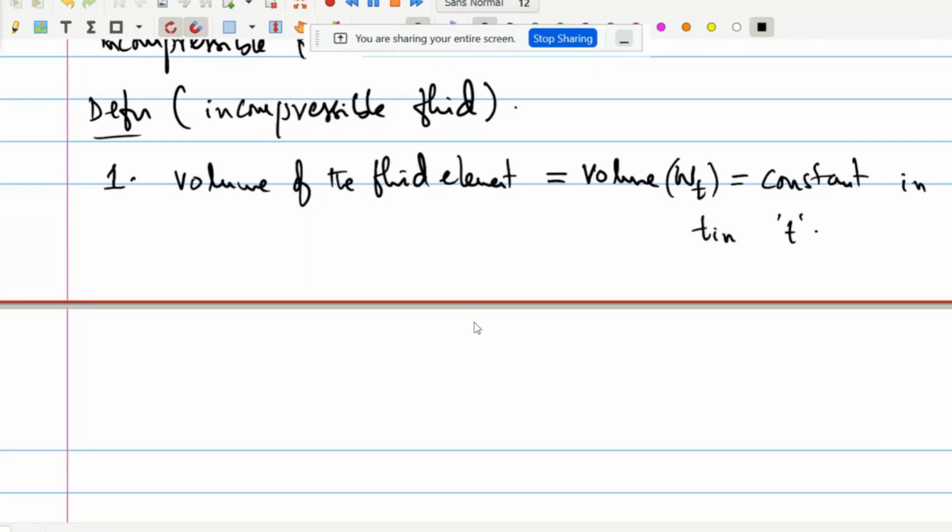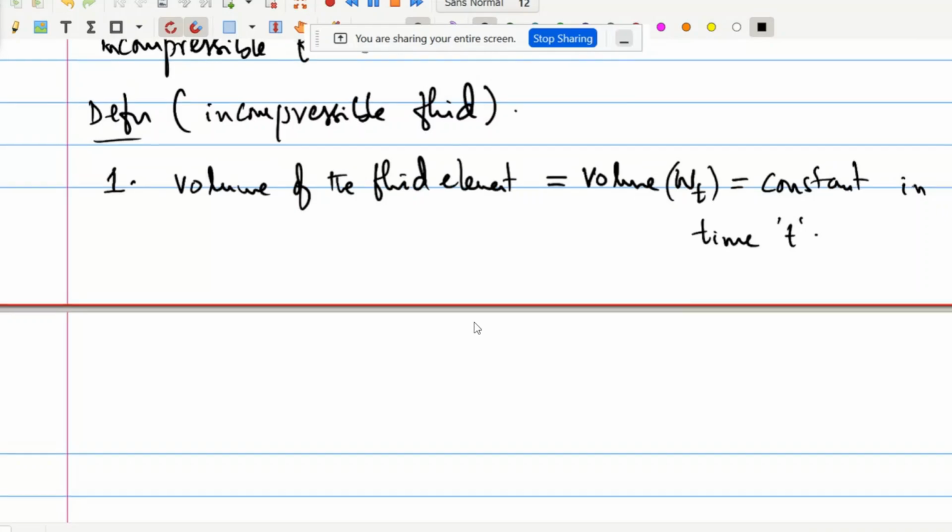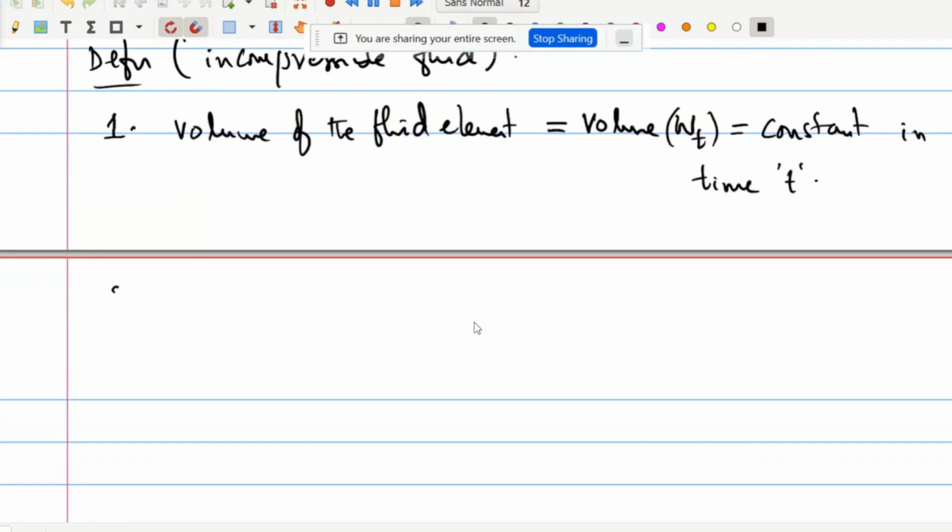In time t, as you change t, still the volume is same. Okay. Now what is the other definition that you can give? If the volume is not changing, density will not change. No, density is same, isn't it?